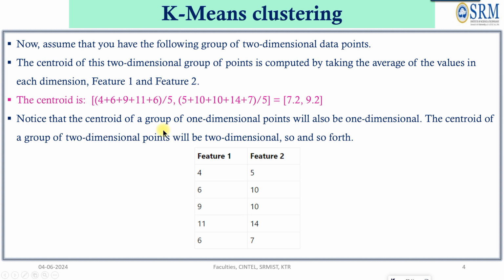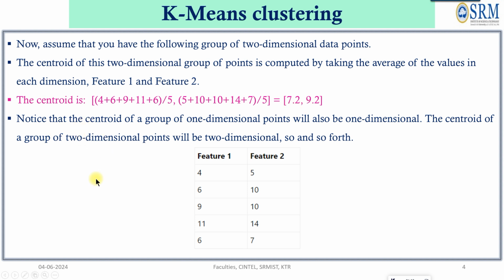Similarly, if you consider two-dimensional data with two features, feature 1 and feature 2, with values 4, 6, 9, 11, 6 and 5, 10, 10, 14, 7, then for each feature just adopt the same approach to find the center point. You will get a two-dimensional centroid, which is 7.2, 9.2 in this case.